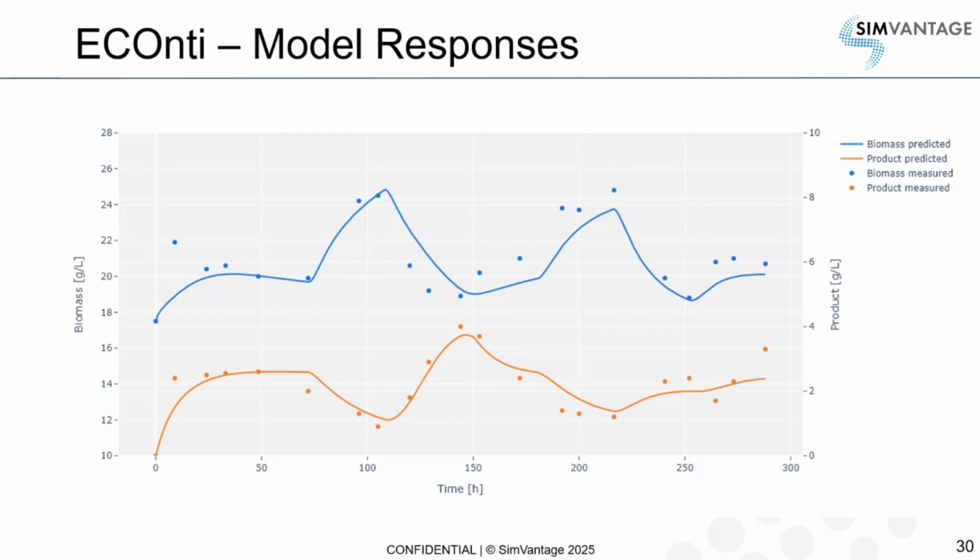This then leads to a better prediction of the biomass and the product. You see here in blue the biomass, predicted and measured. The points are the measured values, the lines are the predicted values. You see that the dilution and the temperature were changed, and the model could predict that very well.